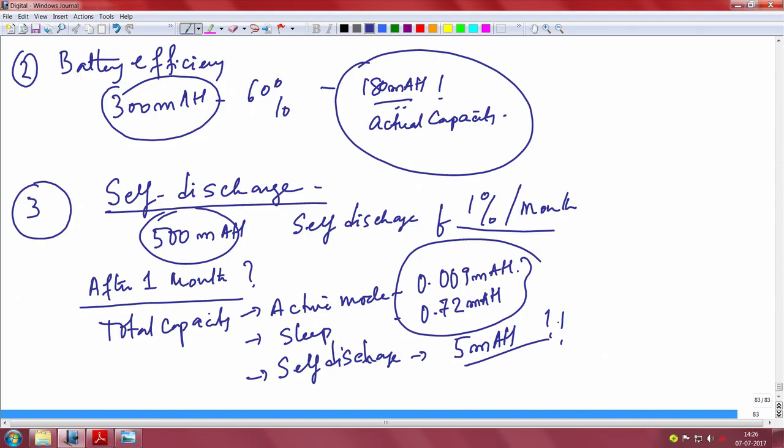So, you see its biggest impact on the battery life is neither the sleep current nor the capacity due to sleep or due to active mode, but indeed the fact that the self discharge is the one which seems to be overruling and really threatening you.